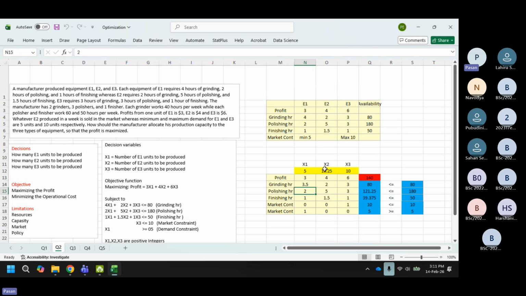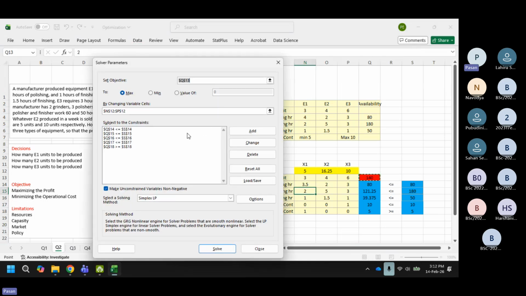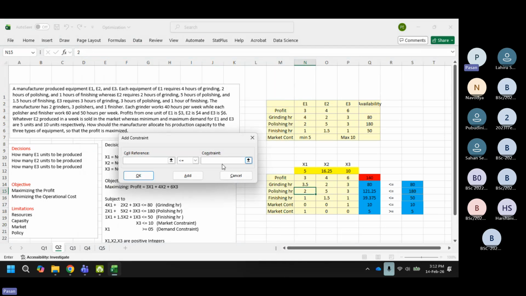And now, if you're thinking about producing items, they cannot be decimal numbers. They have to be integers, right? So that's why I need to put that additional constraint. I can select them and say that they are integers.